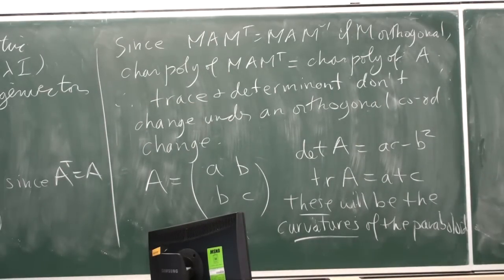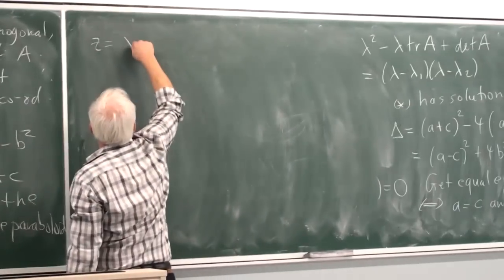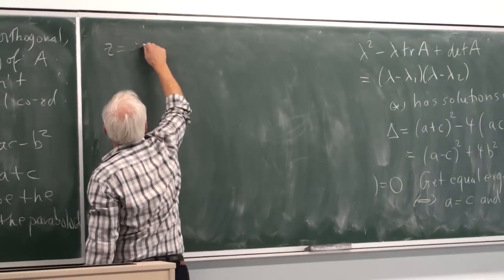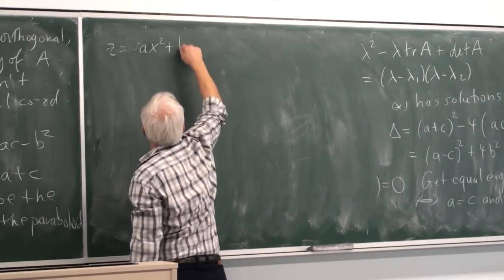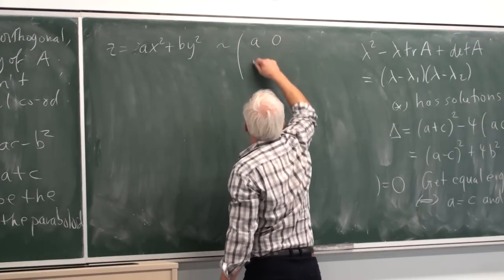Let's go back now in the last few minutes just to a geometrical view of these kinds of paraboloids. So something like, say, ax squared plus by squared, if I can rewrite it like this. So the associated matrix will be like this.